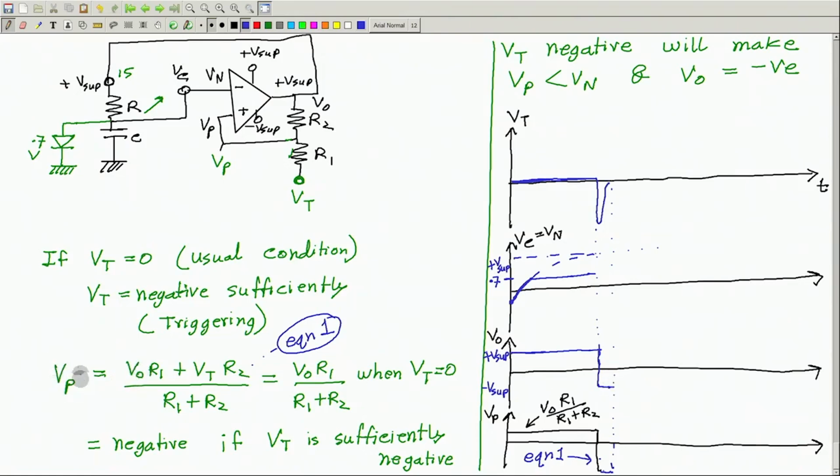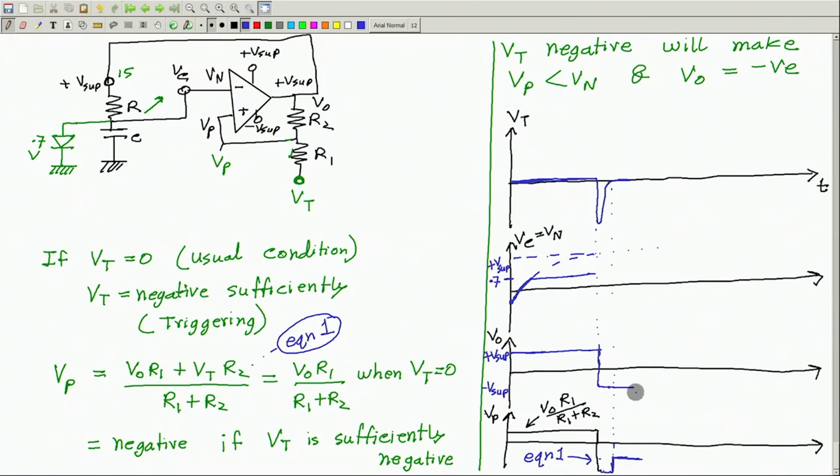Now therefore Vp will still remain at the negative value, not as much as before, because now Vt is no longer negative, only Vo is negative, but anyway the combination will still remain negative, okay. So this is how it will be. It will be less negative once this Vo has reached 0, and it will remain like this. And if so, you see Vp is lower, Vn is, if Vn is at this point, so Vn is higher, so output may remain negative.